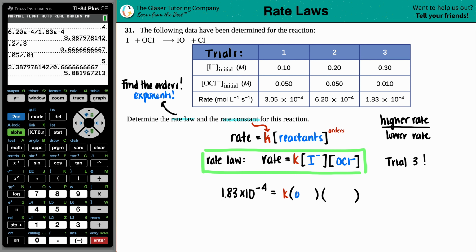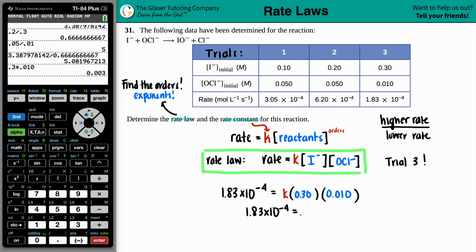The I minus is 0.30 and the OCl is 0.010. So let's just clean it up and solve. 1.83 times 10 to the negative fourth equals k times 0.3 times 0.01. You should get 2 zeros afterwards, so that looks good to me.